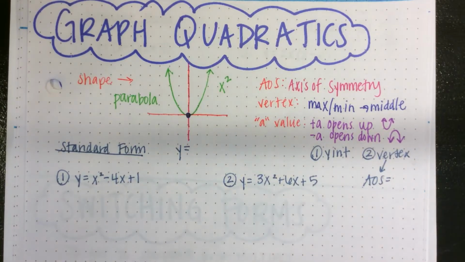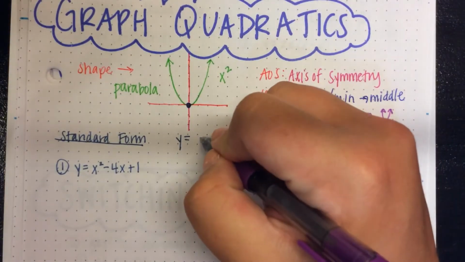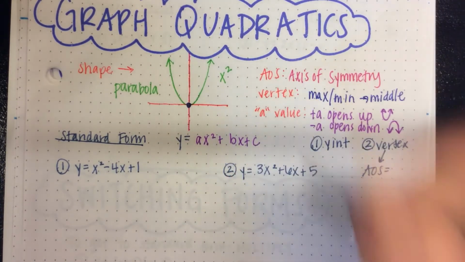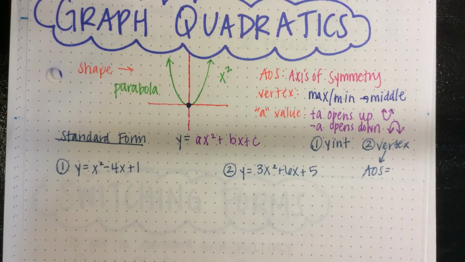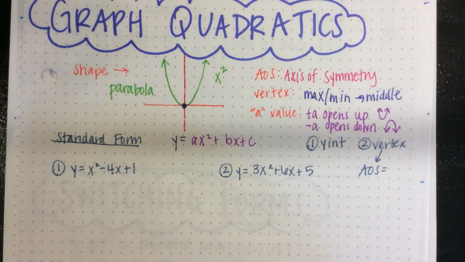But then the forms differ and they have different letters, all right? So to begin with, we have standard form, which we talked about when we factored, and that's the ax squared plus bx plus c. All right, so when I'm graphing in standard form, so to graph a parabola in general, I need 2 points. The first point that I need is a vertex.